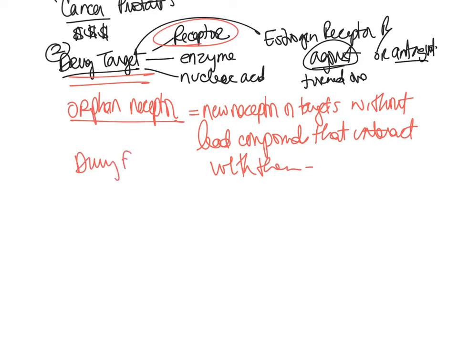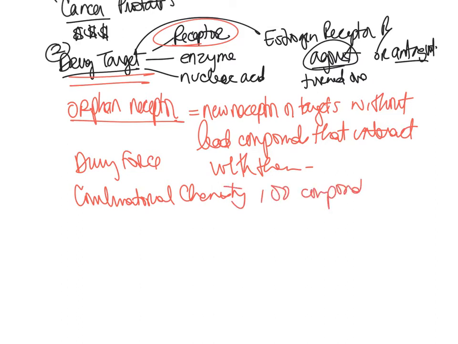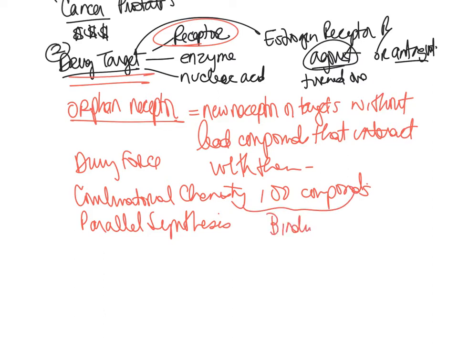This is usually the driving force for combinatorial chemistry. Combinatorial chemistry is when you make maybe 100 compounds and put them in a 96 well plate with a lot of different targets. It's very similar to parallel synthesis, and then you try to find some kind of binding, and that binding determines whether you have a target or not.